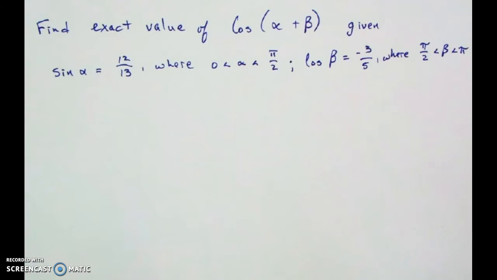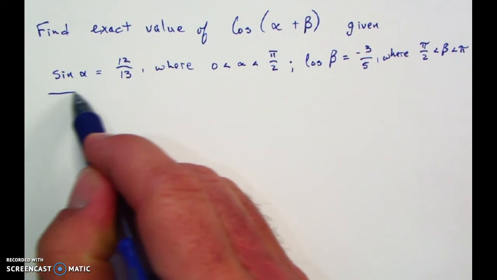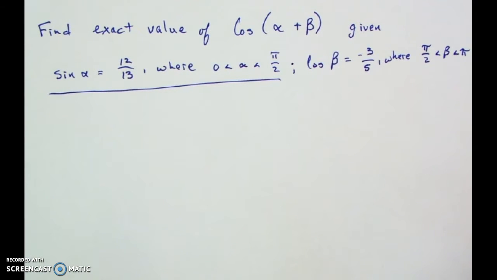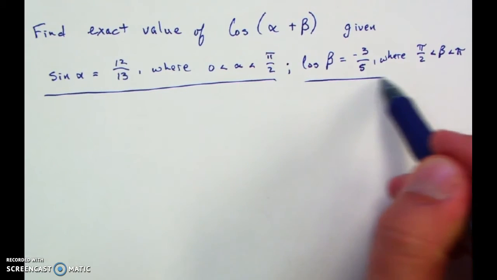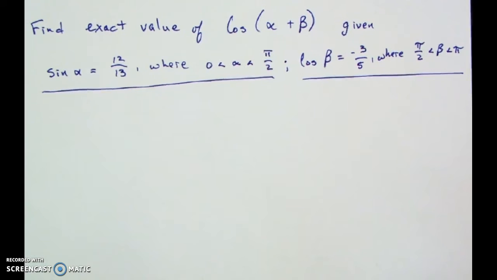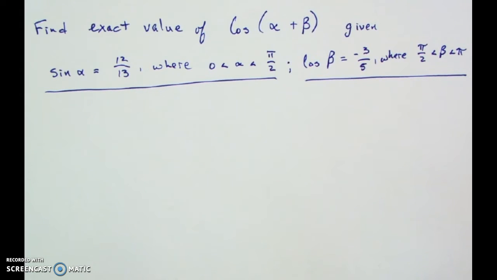For this last example, we're looking for the exact value of cosine of alpha plus beta, and we're given some information here where we're told our alpha angle is in quadrant 1, and we're given our sine value there, and we're told that our beta angle is in quadrant 2, and we're given our cosine value there. So what we need to do with this is start off by drawing a triangle for each of these.